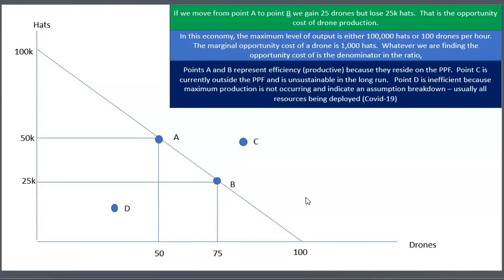Okay, so that was a little bit on the production possibilities frontier and the concepts and really how it's used to show opportunity cost more than anything, but also helps us to understand a bit about comparative advantage.